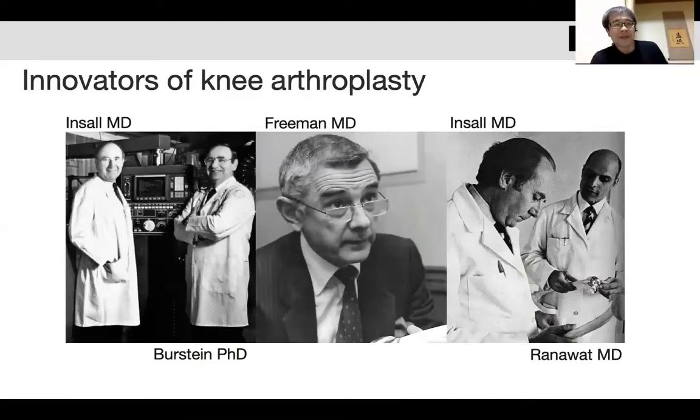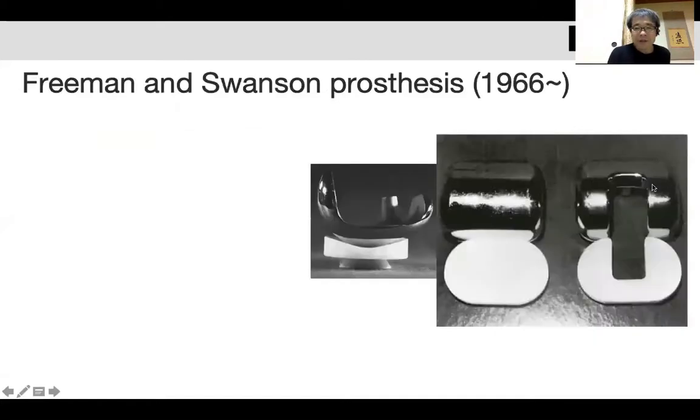These are the legend innovators of knee arthroplasty: Dr. Insall, Freeman, and Ranawat. They are very famous legends. The first total knee is very interesting. It is only a simple cylinder, allowing only flexion and extension.